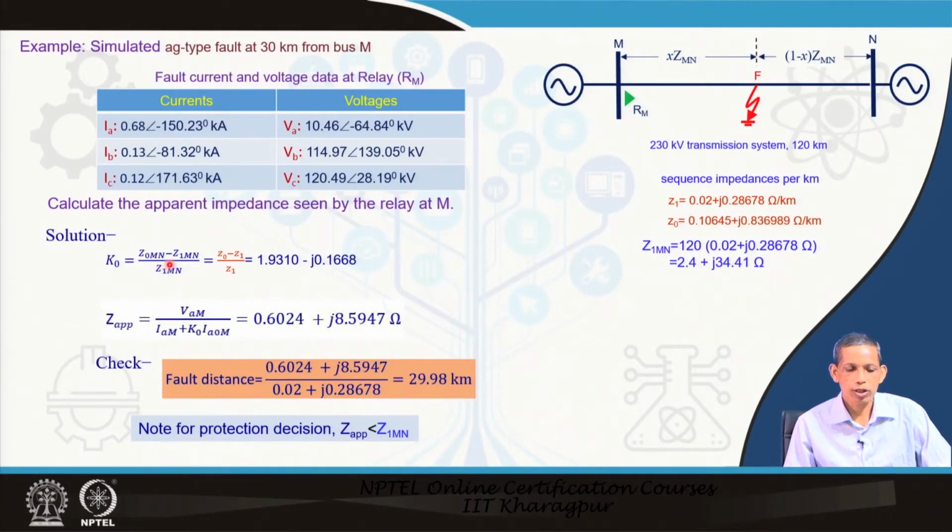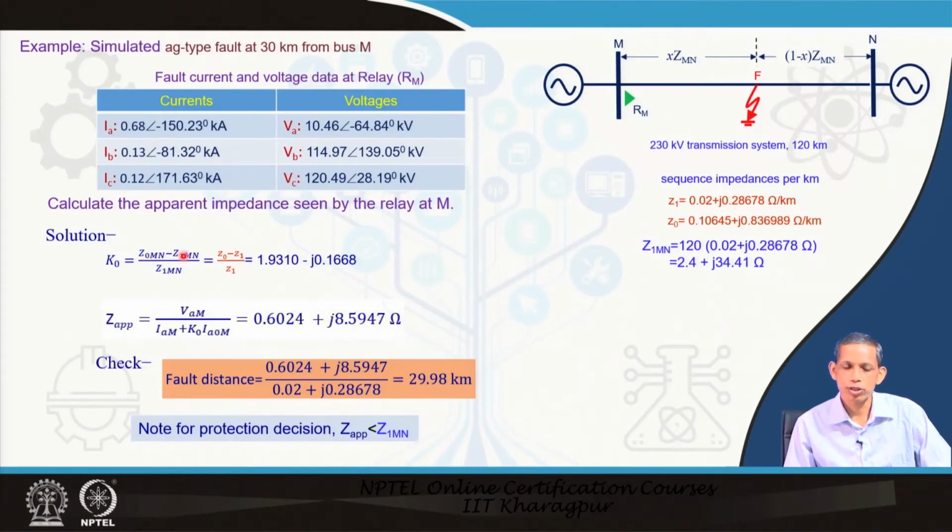Therefore, the length of the line cancels out and we get a relation in terms of z0 minus z1 divided by z1, where small z corresponds to the per kilometer impedance of the line. If we substitute the per kilometer impedance values here, we get the corresponding K0 to be 1.9310 minus j0.16668, unitless.